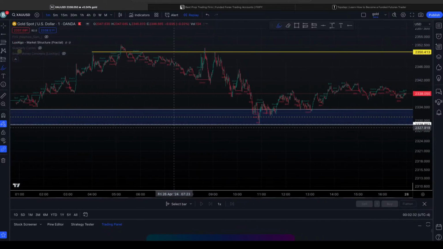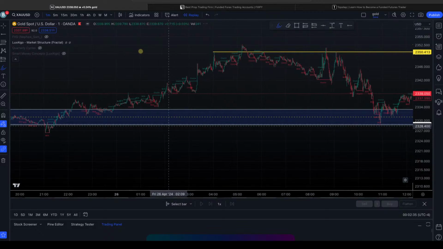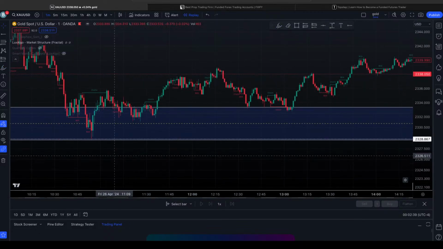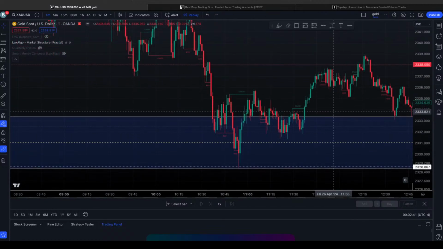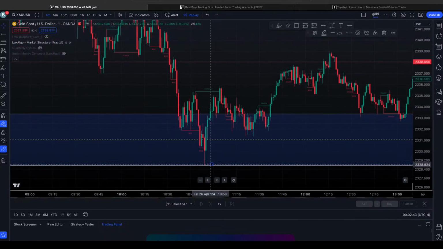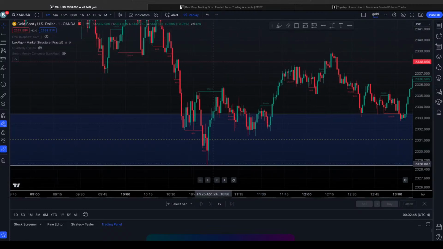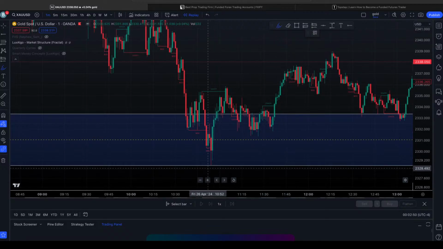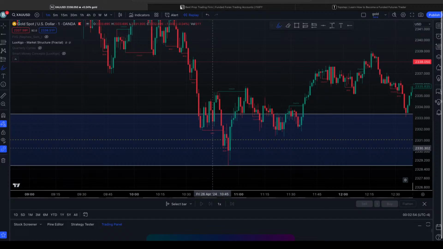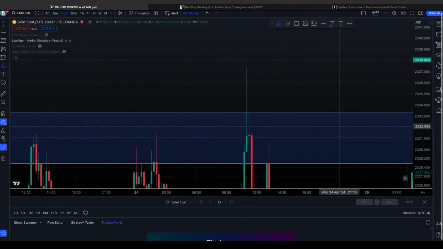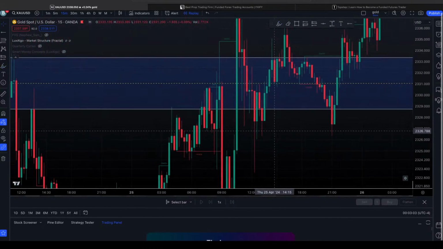What we usually look for is a tap down there to the bottom of it, at least a tap. But as you can see, it tapped pretty much right underneath it. And it also broke these lows right here. So this was the area we wanted to look at. But also when you see it on this 15-minute, this is where we had our area.